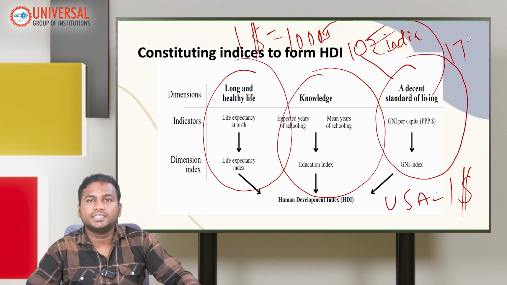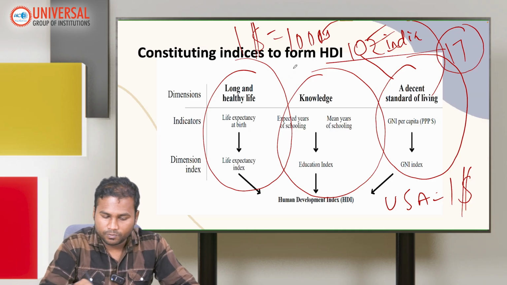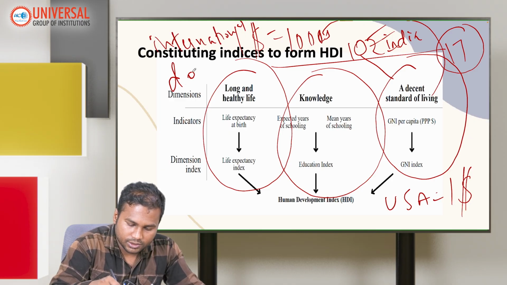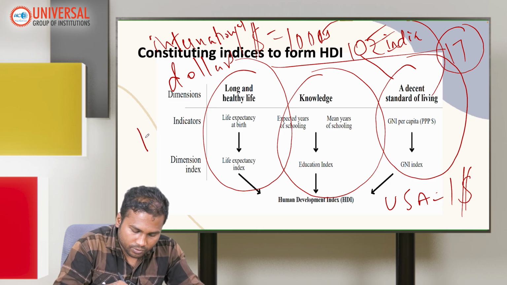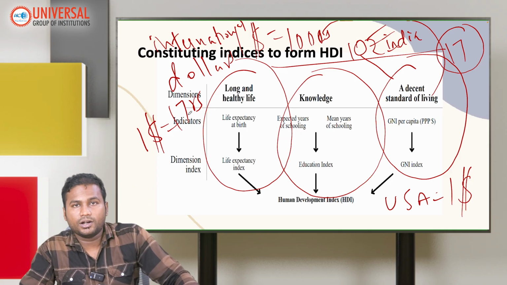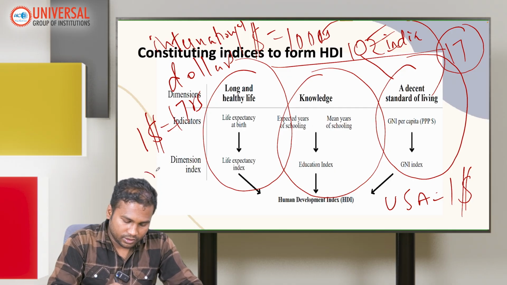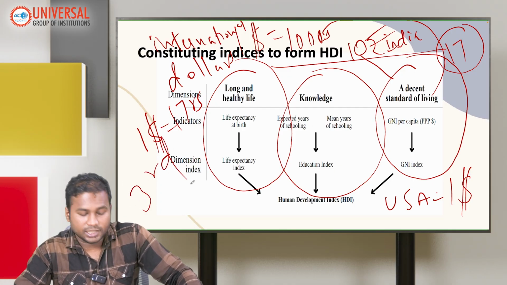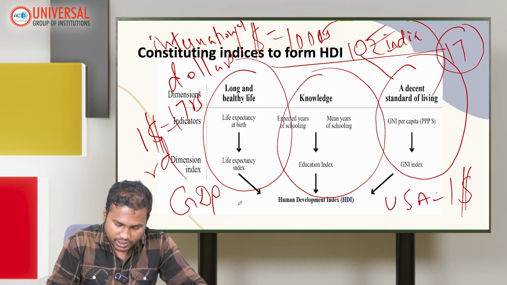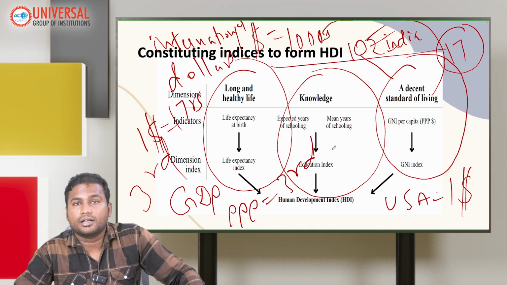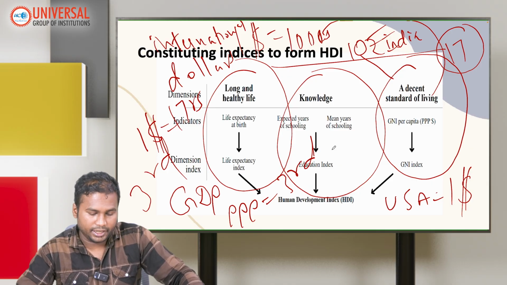So the purchasing power parity here changes when compared to international dollars. One chocolate, $1, is equal to 17 rupees in terms of purchasing power parity. In terms of purchasing power parity GDP, India ranks third. First is the USA, then comes China, and ultimately third rank is India.